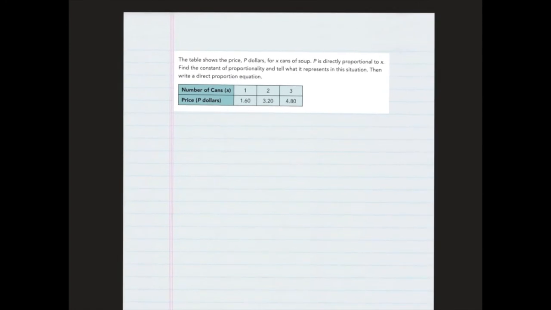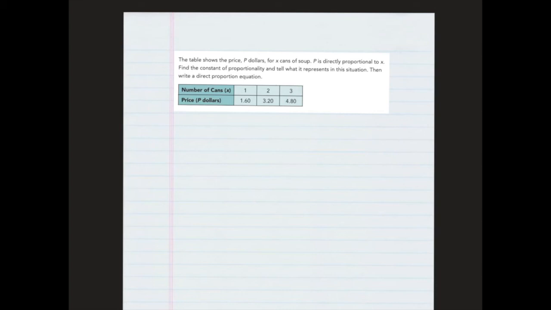So again, we want to figure out which variable goes on the top and which variable goes on the bottom. So let's do that. Which one depends on the other? Does the price depend on the number of cans you purchase, or does the number of cans you purchase depend on the price? And you can make a case for both instances, but usually the price that you pay depends on the number of cans you get.